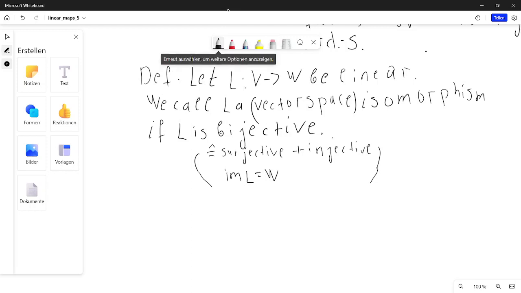That is, if we have some elements of V here and some elements of W here, then bijectivity means that via this rule of the map L, we can separate all the elements of V and W in pairs, where a pair is given by V and L of V, right?